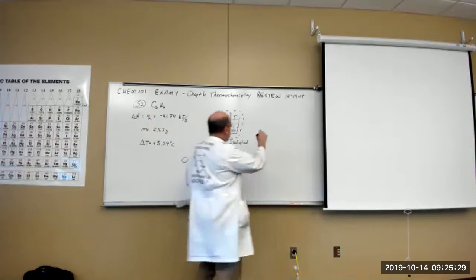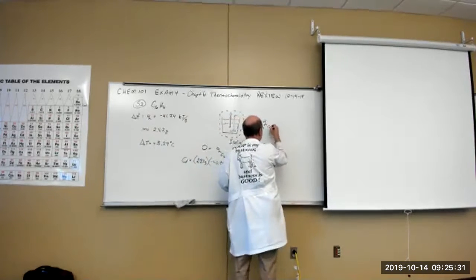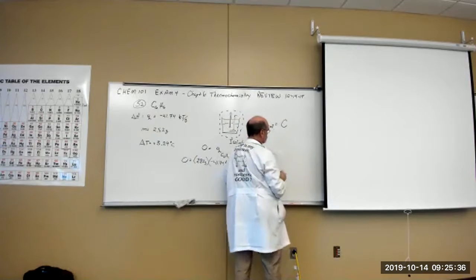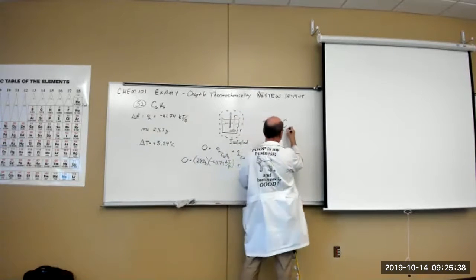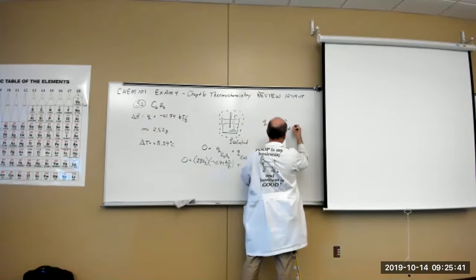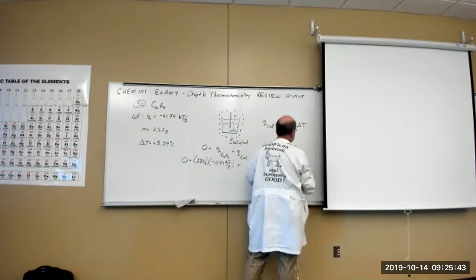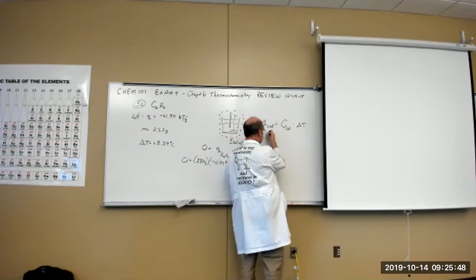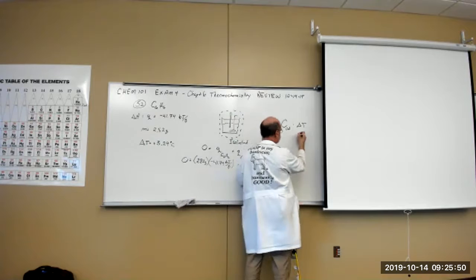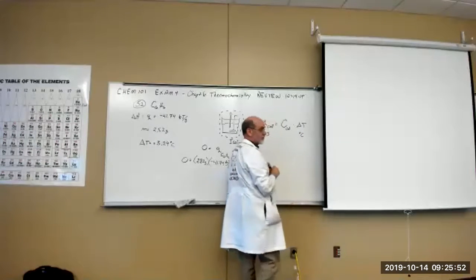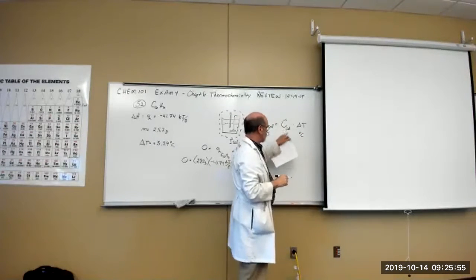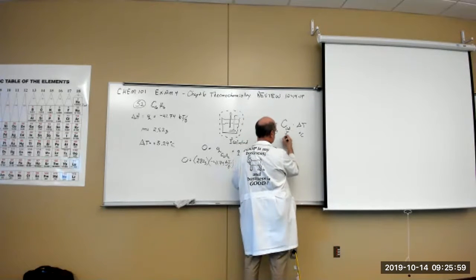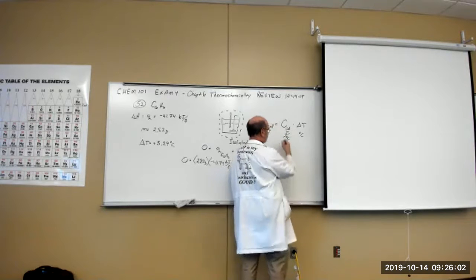So the Q for a calorimeter in general terms is a calorimeter constant times the temperature change. So what does that mean? If this is joules and this is degrees centigrade, what does this value have to be? Joules over degrees centigrade, right?